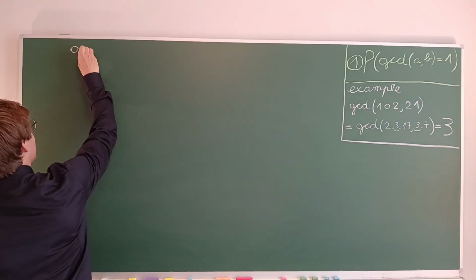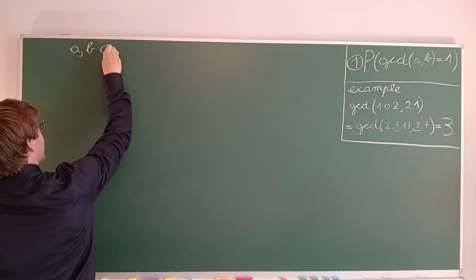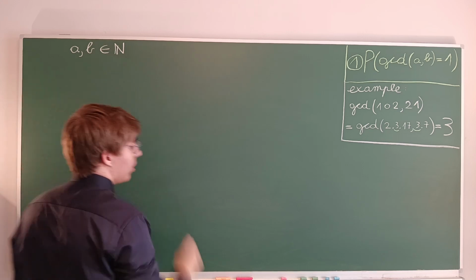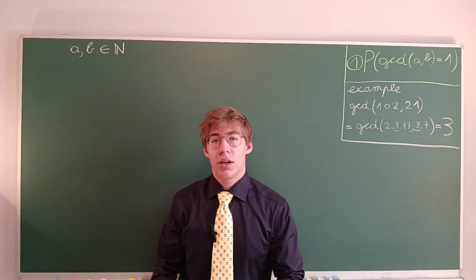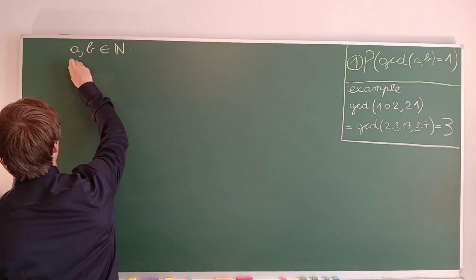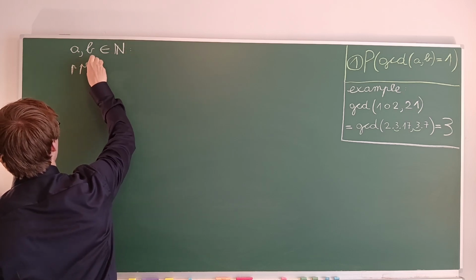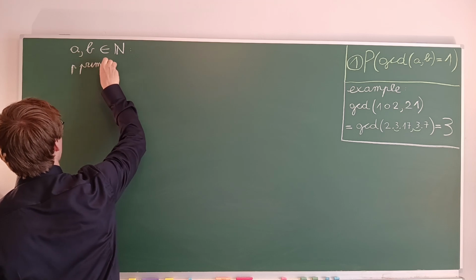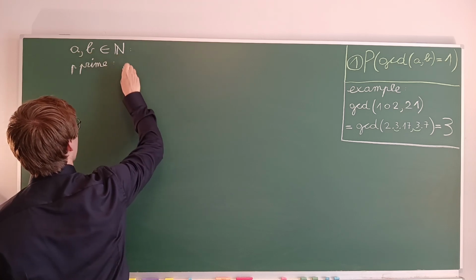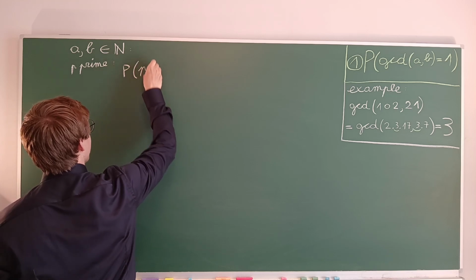So, a and b are just natural numbers. The first question we can ask is, what is the probability that a prime p divides a?